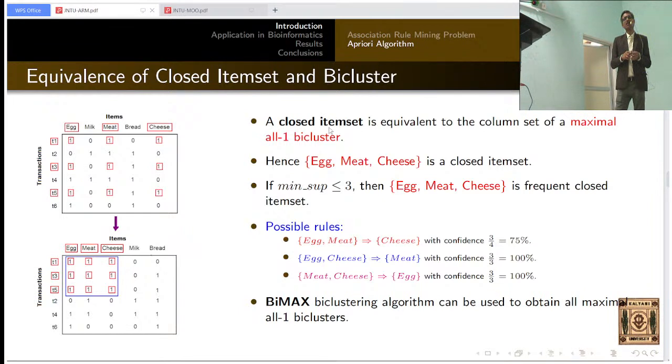Will their confidence also be the same? Confidence of bread implies milk is support of bread milk divided by support of bread. Confidence of milk implies bread is support of bread milk divided by support of milk. But the support of bread and support of milk might be different.